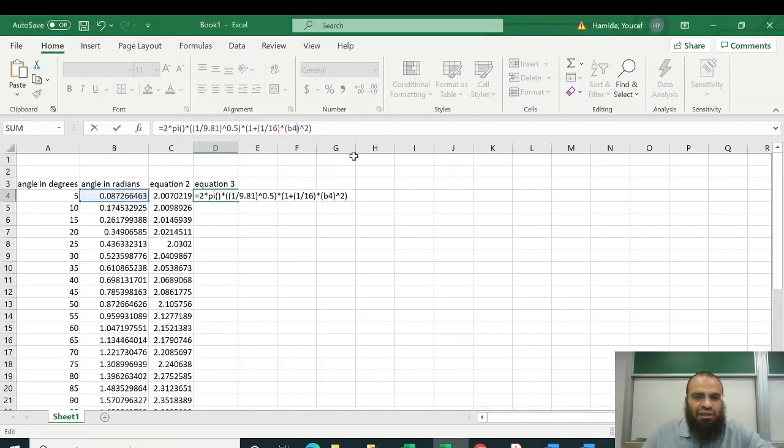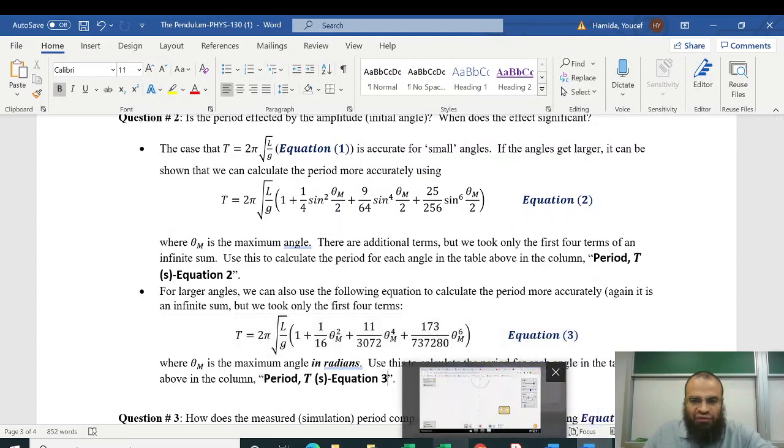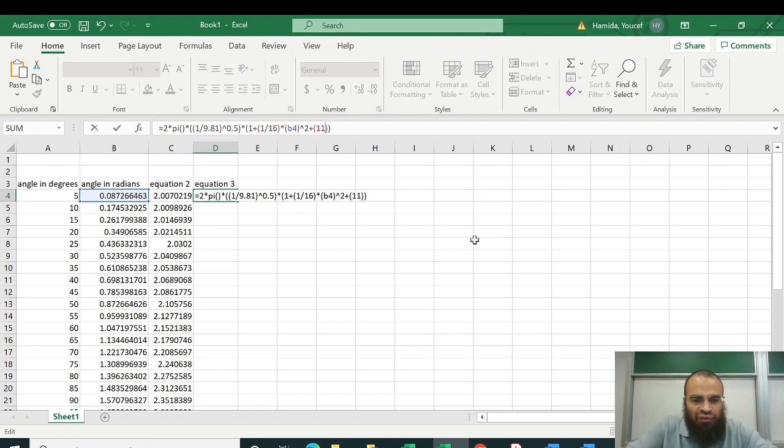Yes, okay. And then plus, open close parentheses, and then something times theta to the 4th power. It's 11 over 3072.